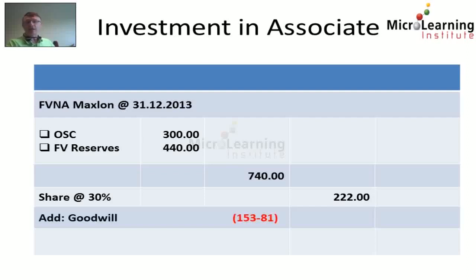But of course, again, we have goodwill, and the initially recognized goodwill of 153 has been impaired by 81, so the amount of goodwill that's now attached to the associate is 72. So at year end, 31st of the 12th, 20x3, the investment in associate line item on our statement of financial position is 294.